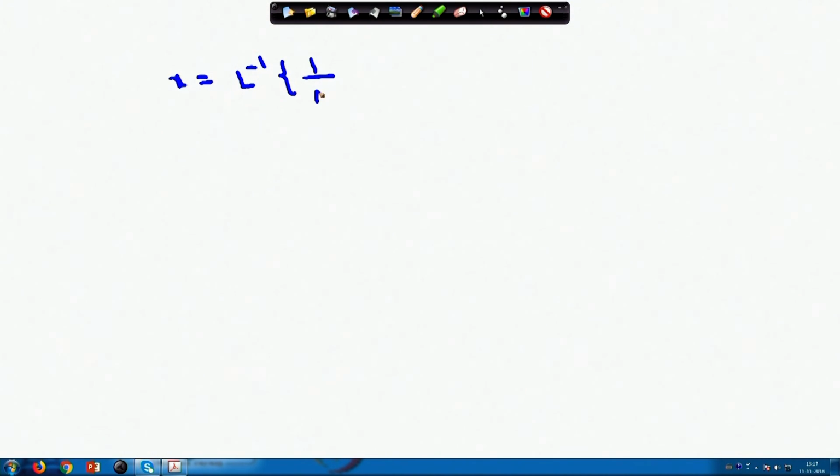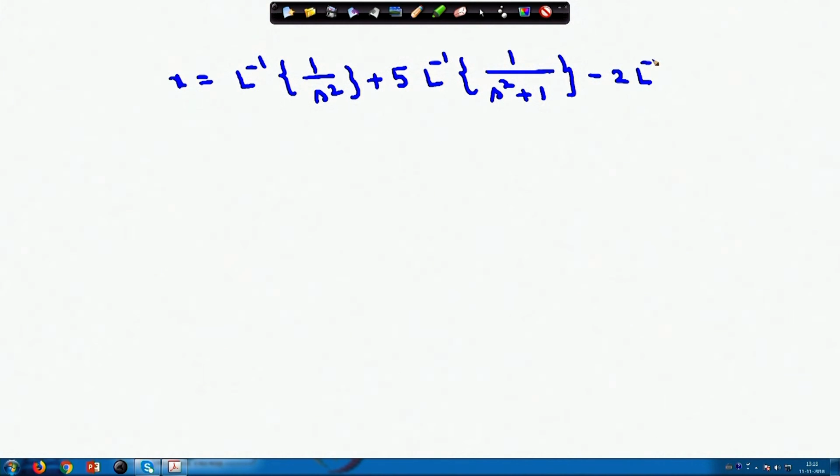1 by s square plus 5 into Laplace inverse of 1 by s square plus 1 minus 2 into Laplace inverse of 4 by s square plus 4. And I know all these things.